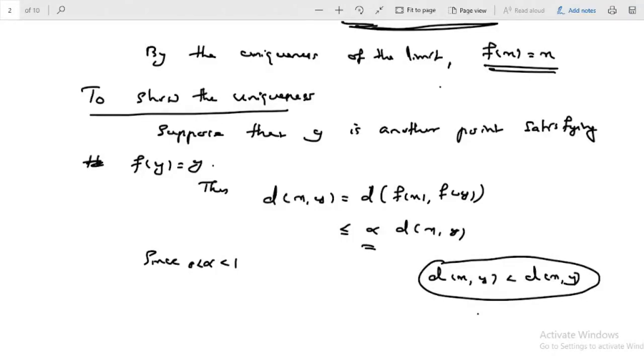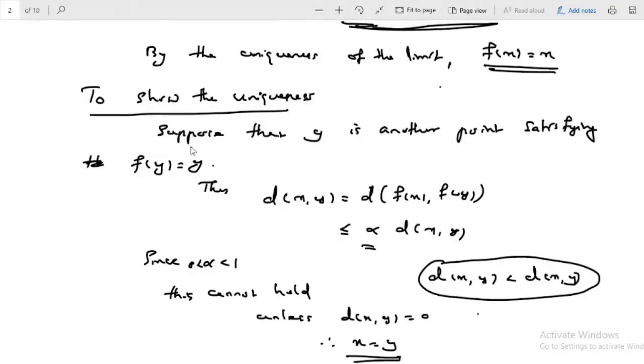Therefore, this happened only when d of x,y is equal to 0. Therefore x is equal to y. Hence the uniqueness. f of x is equal to x, and if we take some other y such that f of y is equal to y, then x is equal to y.